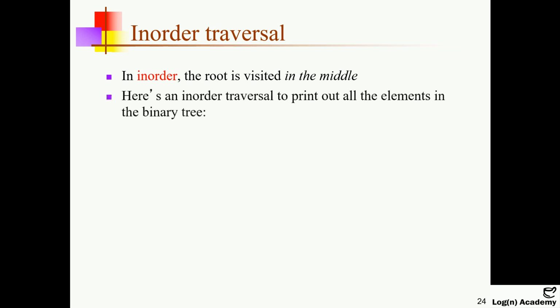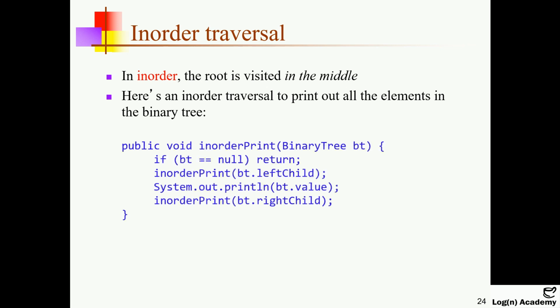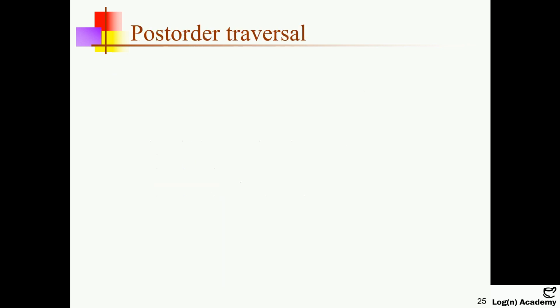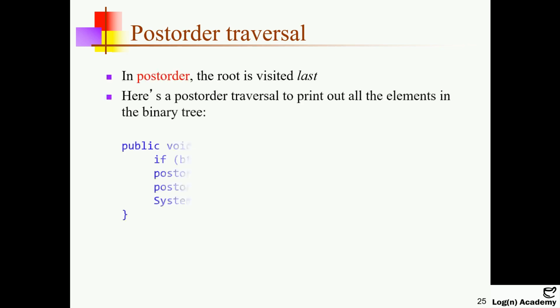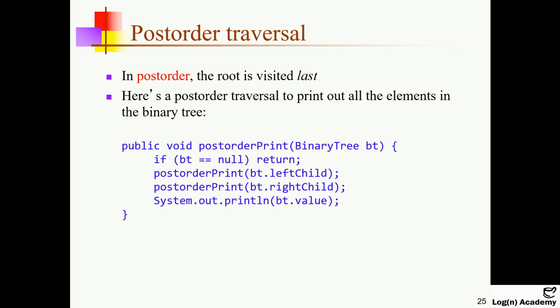So in in-order traversal, we first print the left-hand side node, then we print the root, and then we print the right-hand side node. And this is a recursive method for in-order traversal. In post-order traversal, the root is visited last, and this is the simple method.